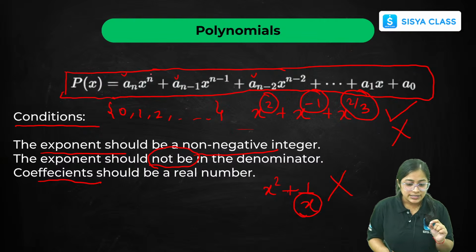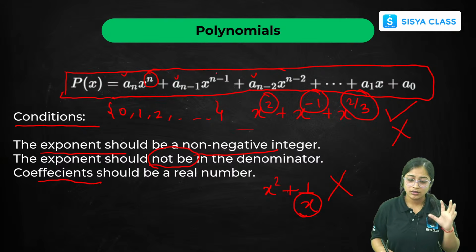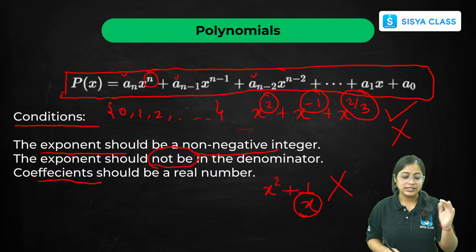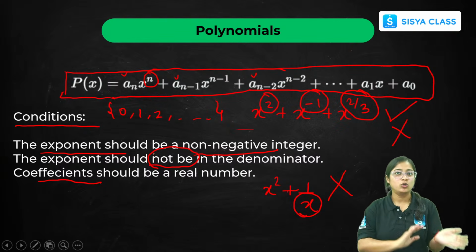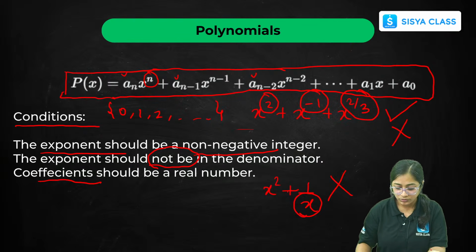This n, n minus 1 are the powers of the variables, and again the powers are only whole numbers. So this was about polynomials, and these are the three conditions for an algebraic expression to become a polynomial. Okay. So I hope this is clear to all of you.